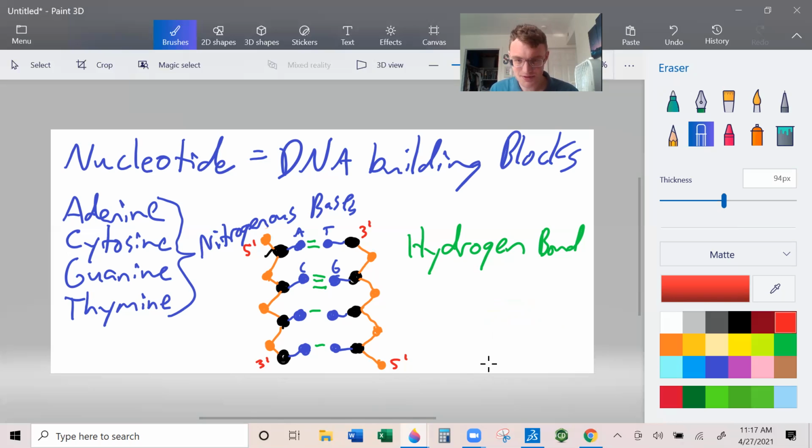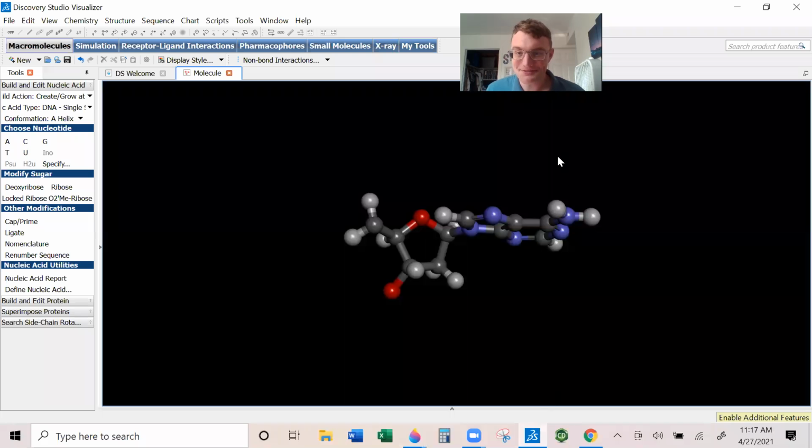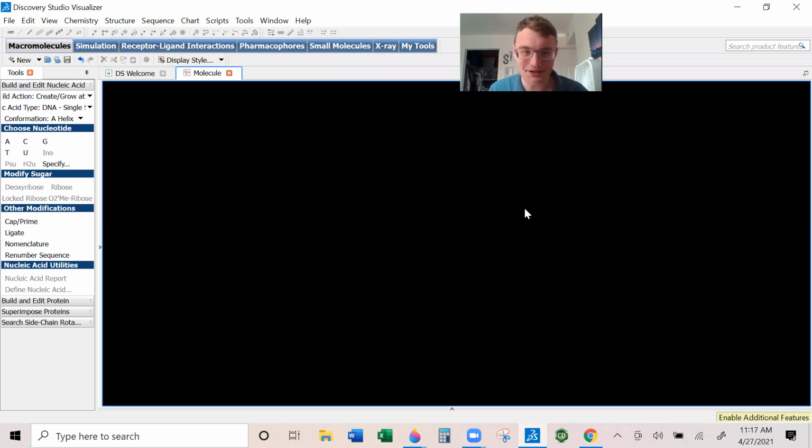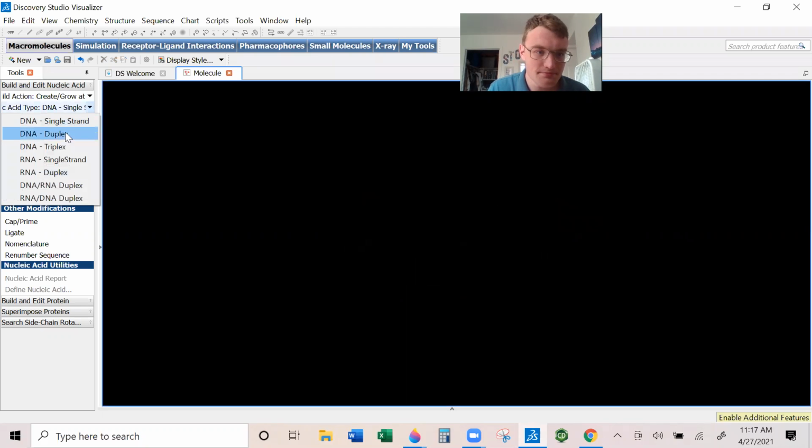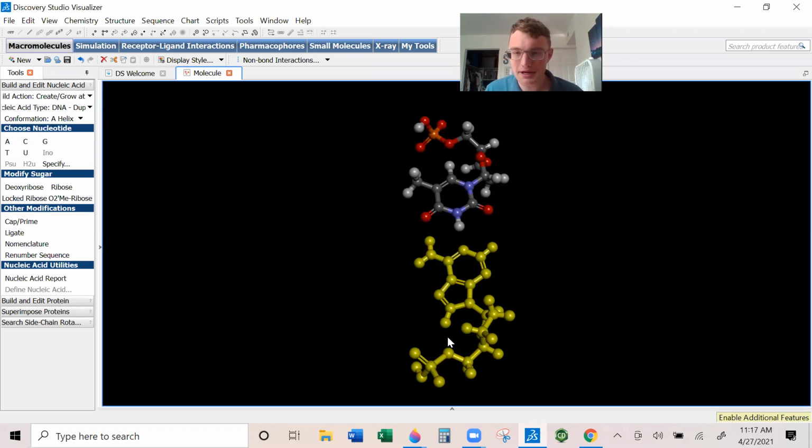Trying to think what else I am missing here. Okay, if we go and look over here, there was one point that I made at the beginning that I never came back to. So here's my AT pair again. Let me actually add in the hydrogen bonds here.